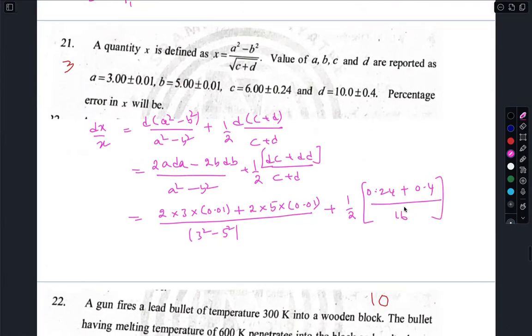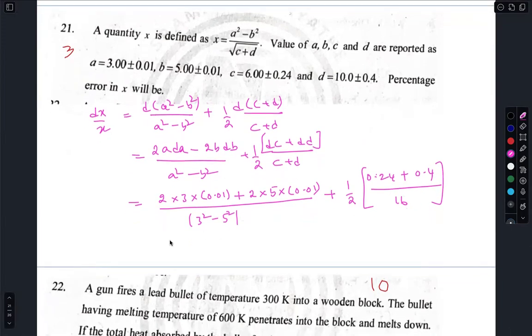What comes on completing this? Or 6 plus 10, 16. 16 into 0.01 by 4 square plus 0.28, by 2 is 0.14, by 16. Together you should get the answer.